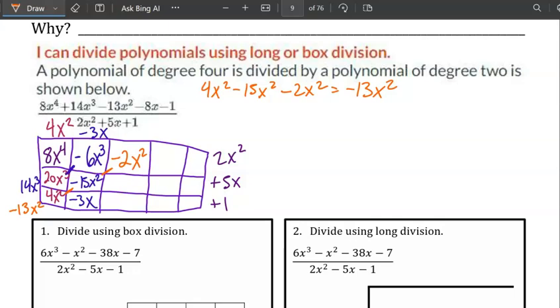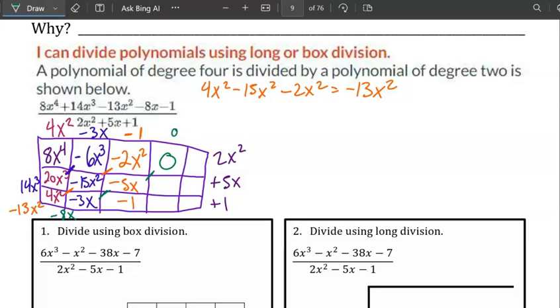Divide, you get a minus 1. And then we'll multiply negative 1 by each of these terms, minus 5x minus 1. To get this next diagonal, the sum of these 3 terms needs to be a negative 8x. It's already negative 8x, so we can just put a 0 right there.